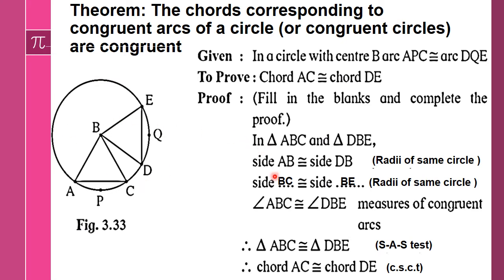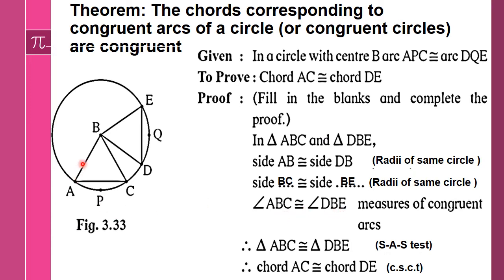Side AB is congruent to side DB since they are radii of the same circle. Again, side BC is congruent to side BE since they are radii of the same circle. So in these two triangles we got two pairs of corresponding sides congruent. Next, third thing, angle ABC is congruent to angle DBE. Why?